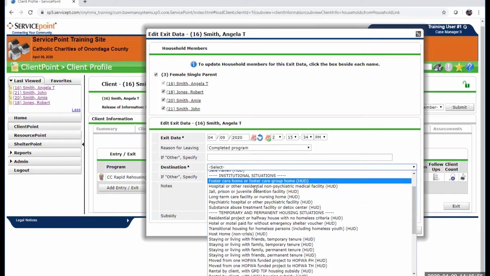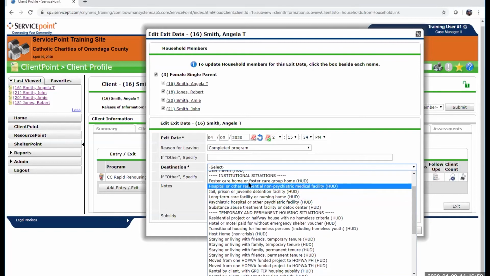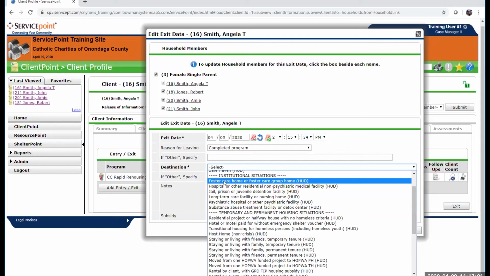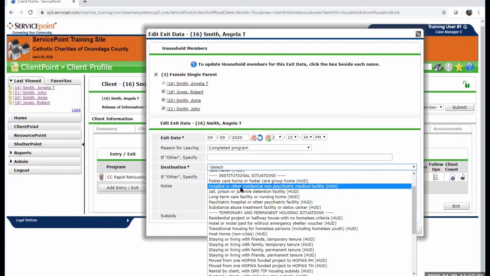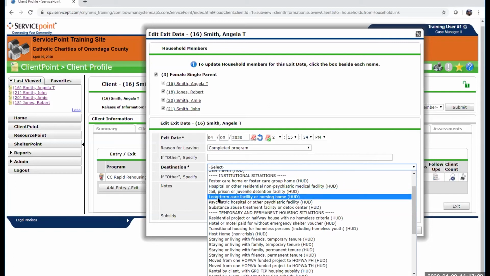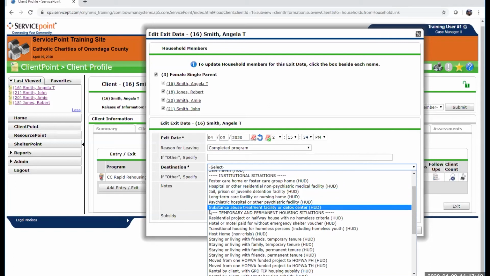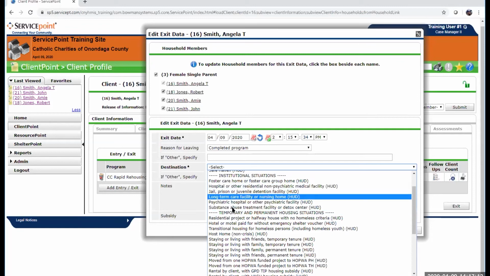Institutional situations. These, again, should be pretty self-explanatory. Foster care, hospital or other residential medical facility, jail or prison, and long-term care facilities are all included in institutional situations.